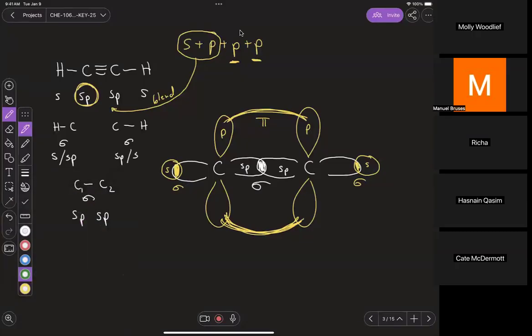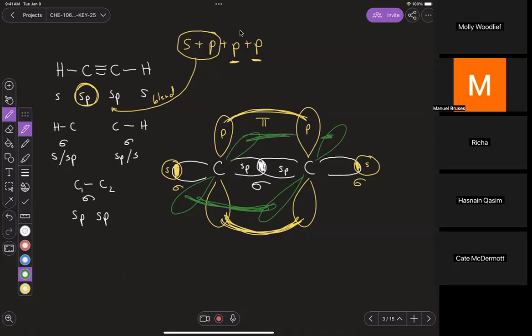So I'll do my best here to draw in three dimensions. So this is the other p orbital, and now it's going to overlap in front of, basically, imagine it coming out of the screen and then behind the screen.